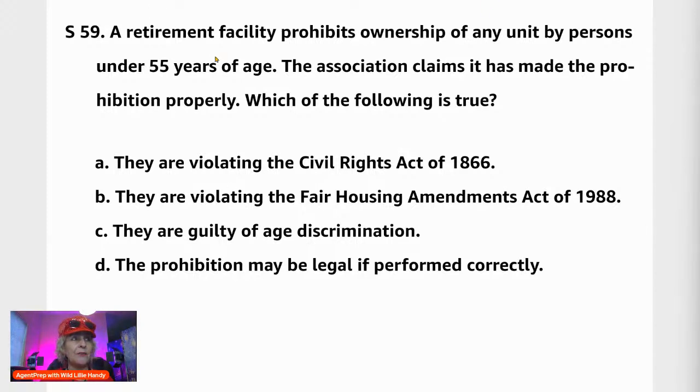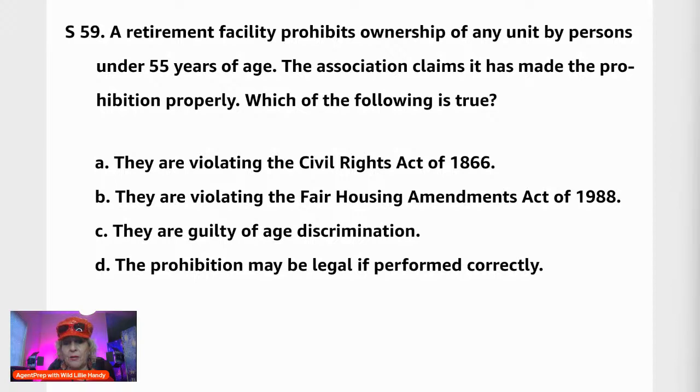So a retirement facility prohibits ownership of any unit by persons under 55 years of age. Okay, so it's for retirement. Do they want kids running around? Well, if they don't, what do they have to do? They have to follow certain applications and processes to become labeled a 55 plus community. Yes, the answer is D. They can't just say, oh, we're a 55 plus community, and just do it. No, that would then be discrimination.